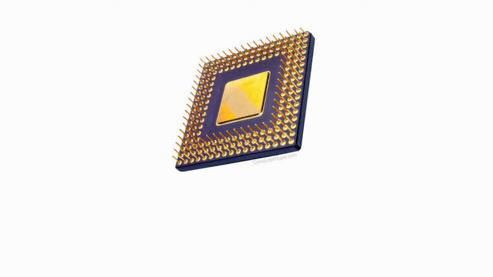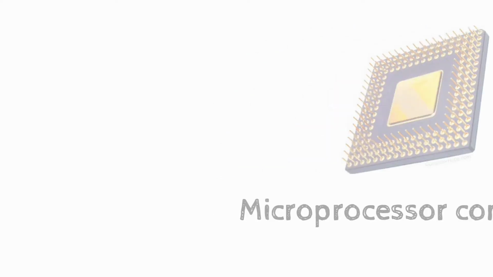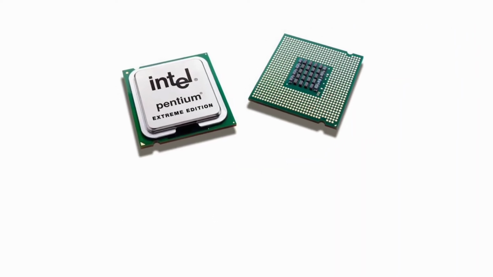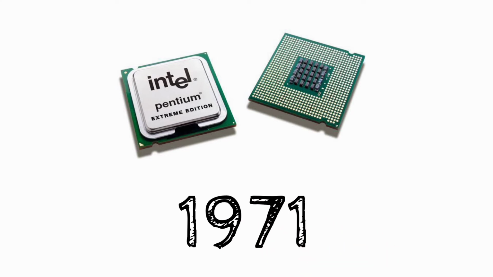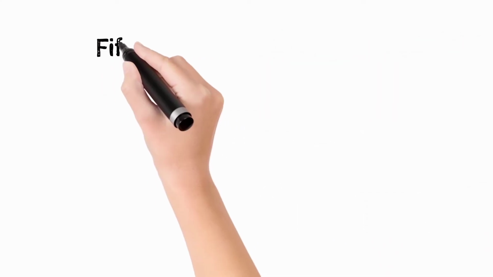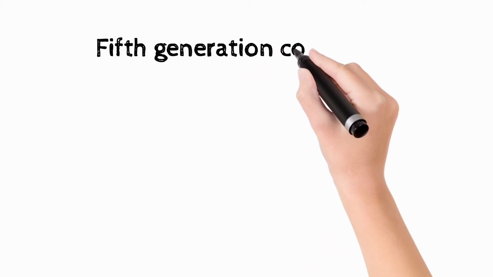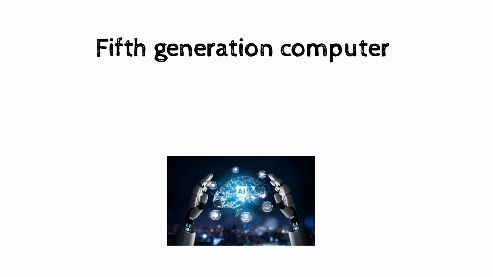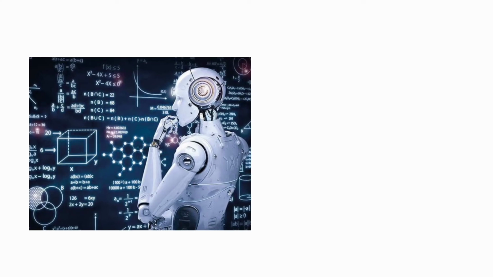The fourth generation computers are called the microprocessors, which are the complete processing circuitry on a chip, invented in 1971. And the last and most advanced computers are the fifth generation computers, commonly known as artificial intelligence, and these computers are still in their development stage.